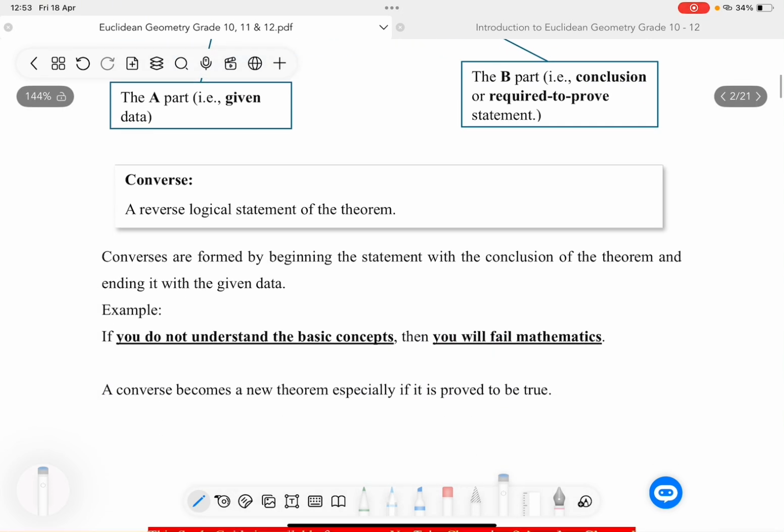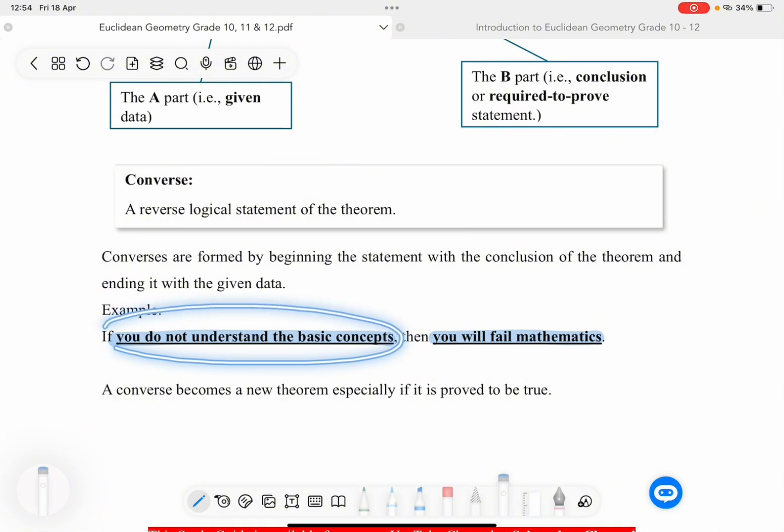For example, using the same example, we'll say that if you do not understand the basic concepts, then you will fail mathematics. Do you see here we begin with this? We know that you do not understand the basic concepts. Then we can conclude that you will fail mathematics.